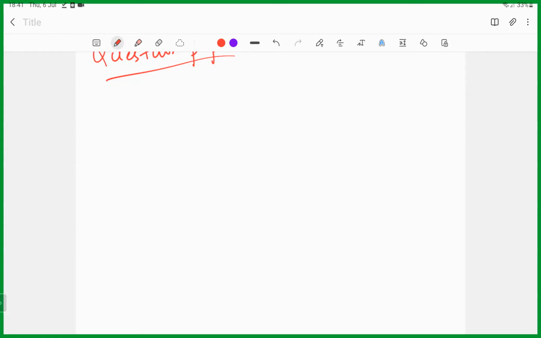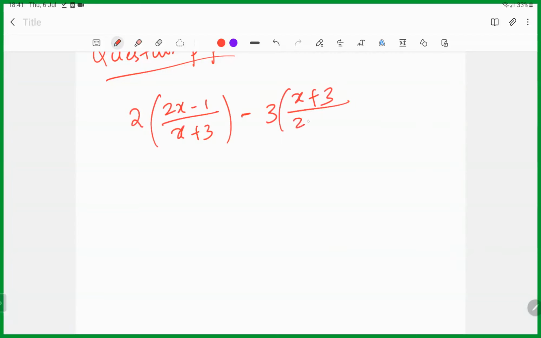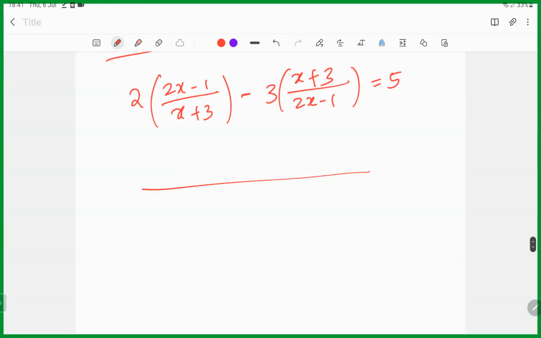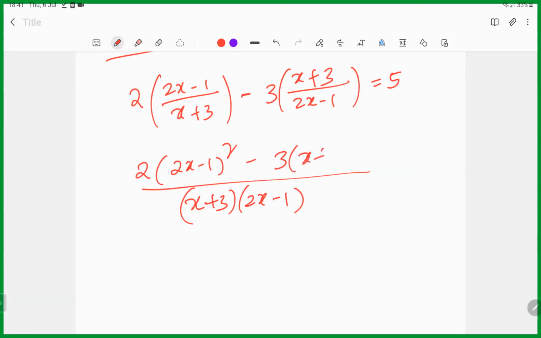2x minus 1 by x plus 3, plus x plus 3 by 2x minus 1 equal to 5. What's the LCM here? x plus 3 into 2x minus 1, which gives 2 into 2x minus 1 whole square minus 3 into x plus 3 whole square equal to 5.